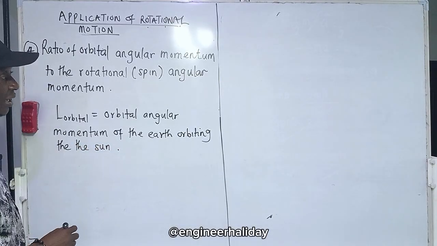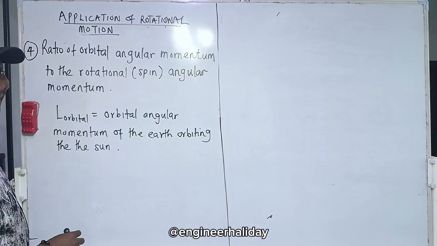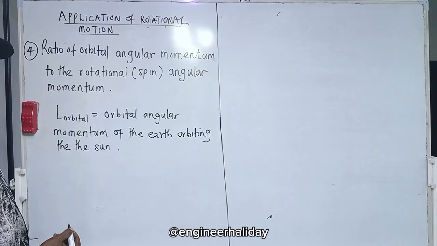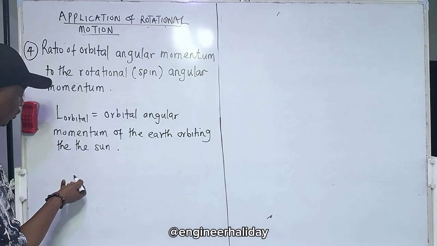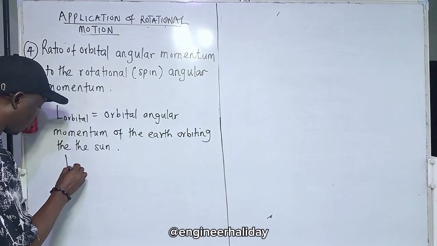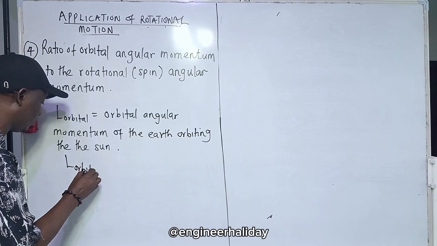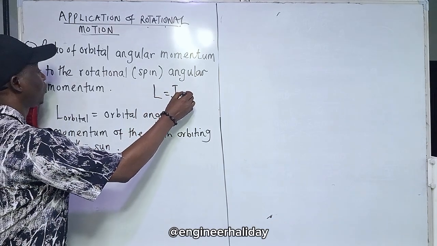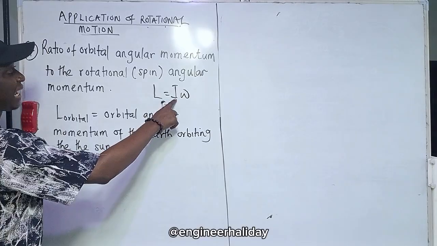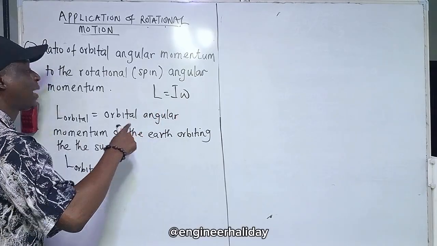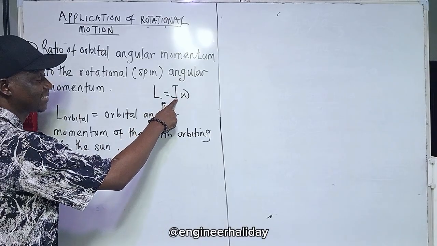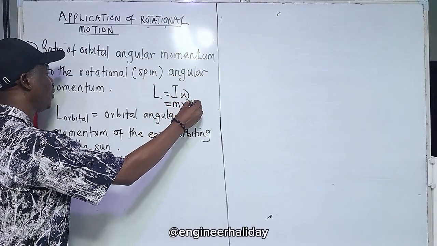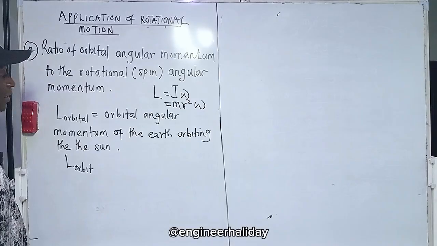The earth orbits the sun in what period? 365 days approximately. You know that angular momentum is I times W, which can be written as MR square W. Please take note of that.